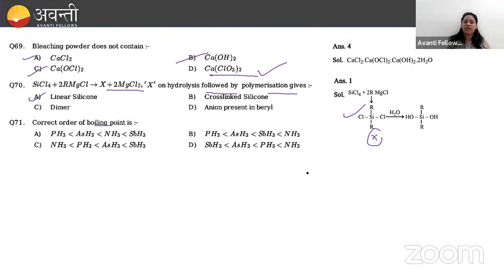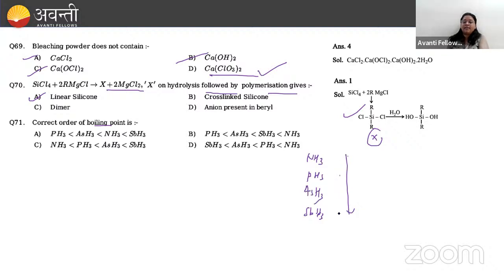Now let's find out the correct order of boiling point for these 4 compounds: NH3, PH3, AsH3, and SbH3. This is the nitrogen family. Boiling point increases as molecular weight increases, so it should increase from nitrogen, phosphorus, arsenic to antimony.